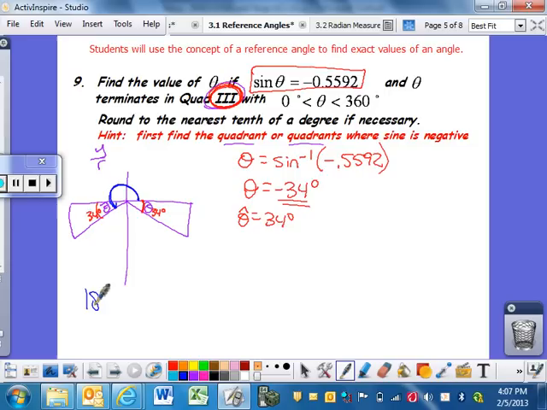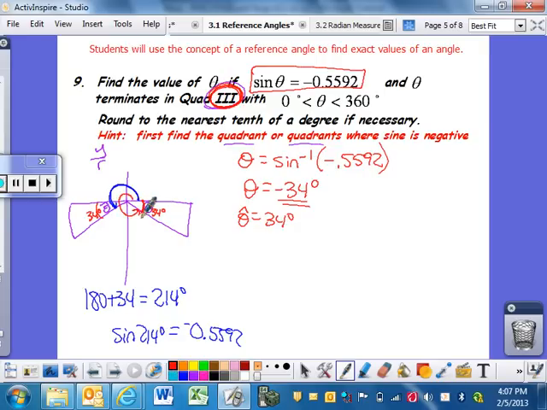I can say 180 plus 34 equals 214 degrees. If you take sine of 214 degrees, you better get that negative 0.5592 approximately.